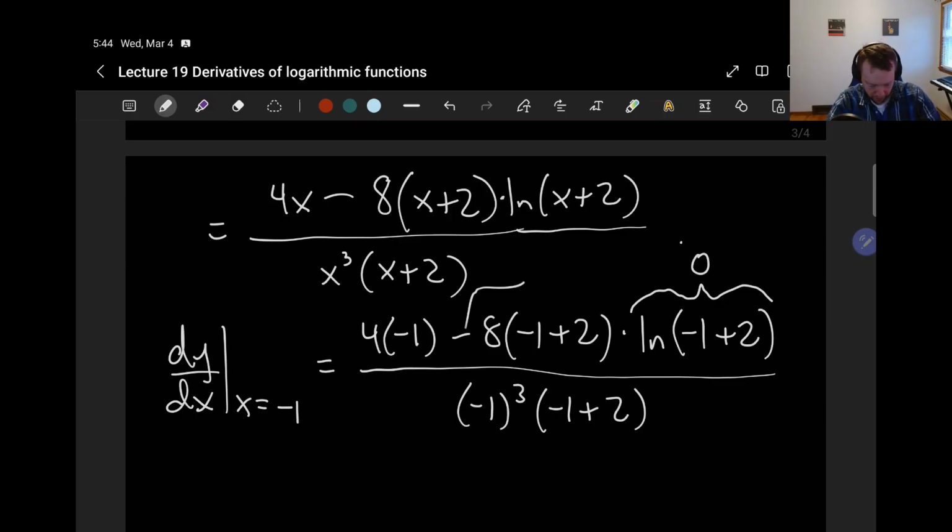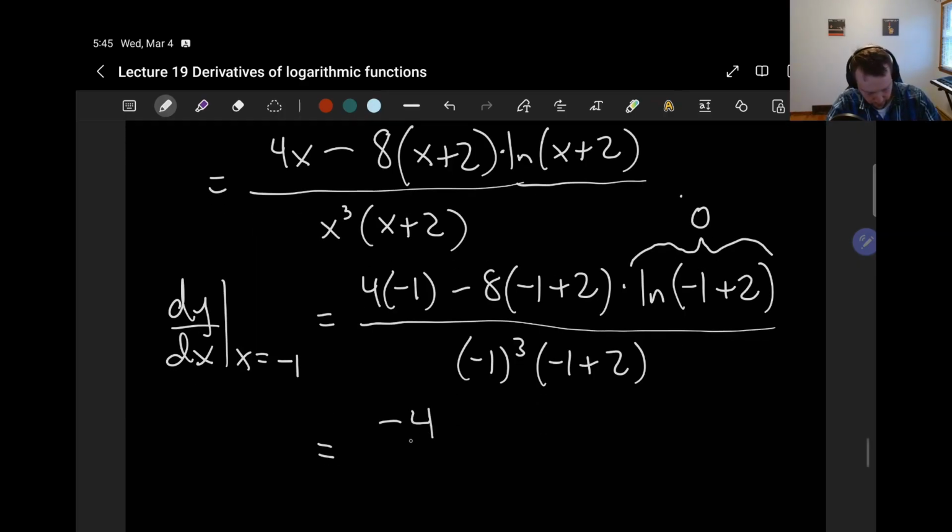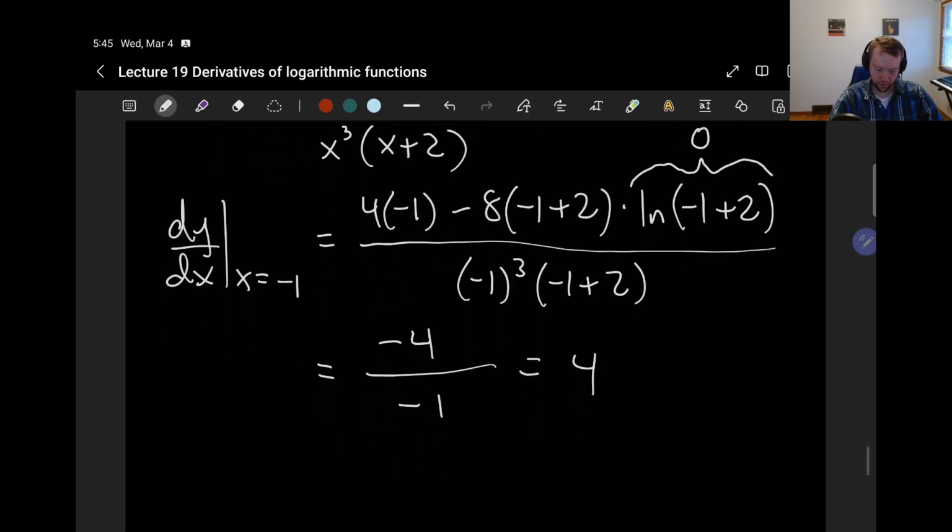So I'm multiplying this part by 0. That makes that entire term 0. So really all that remains of the numerator is this negative 4. And this is a positive 1 times a negative 1. So it cancels to 4. So this is the slope of my tangent line at this point.